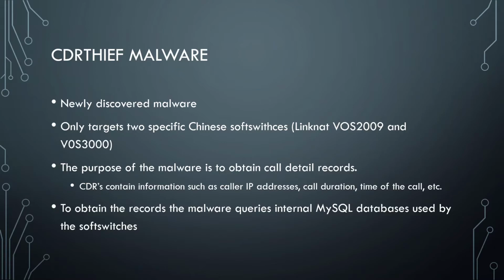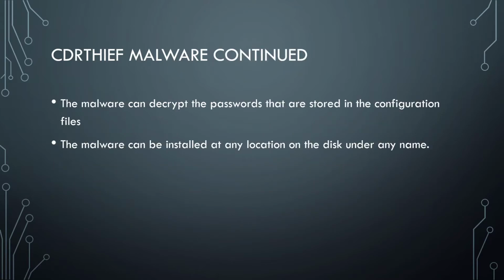Basically, to obtain the records, the malware queries internal MySQL databases, which are used by the soft switches. These soft switches are also usually run on Linux-based servers. The malware is able to decrypt the passwords that are stored in the configuration files, and the malware can also be installed at any location on the disk under any given name.